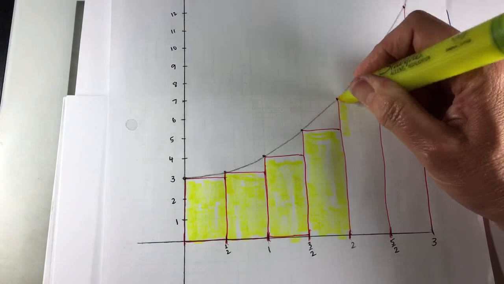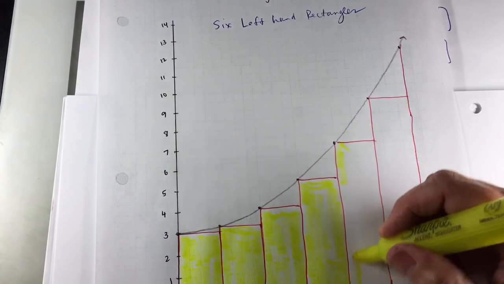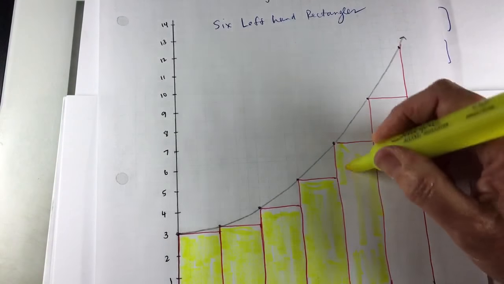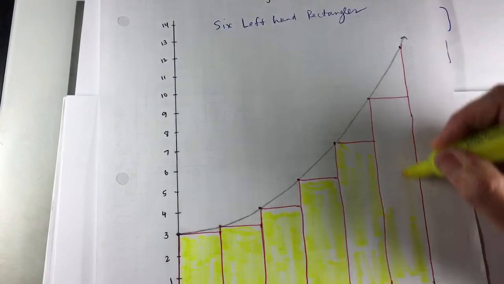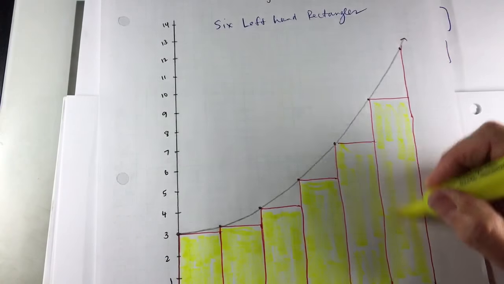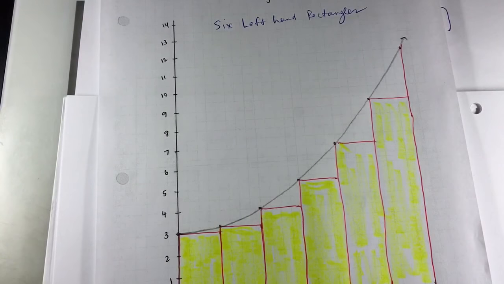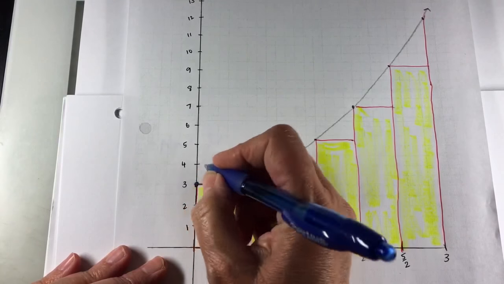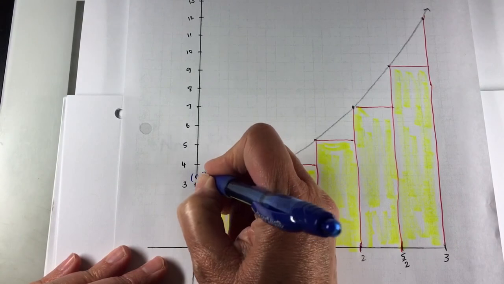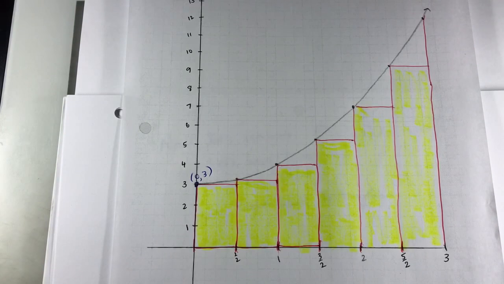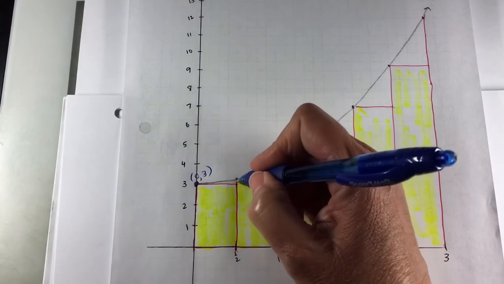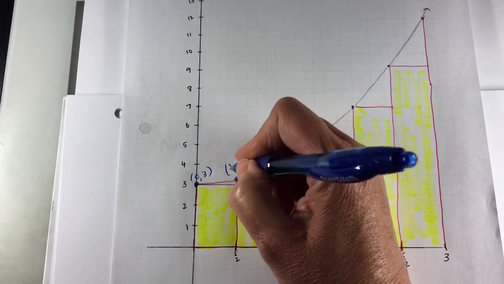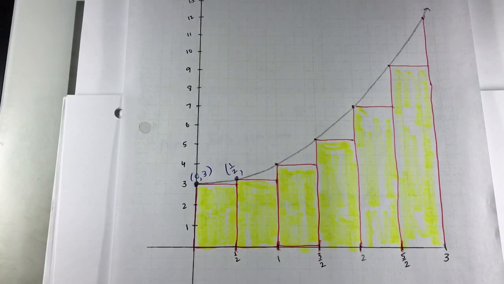Now I'm going to need some more numbers here. I'm going to need to know the points where the rectangles touch the graph. So let's see. This one's easy. This point is 0, 3. This one here is for x equals 1/2, 1/2, comma.